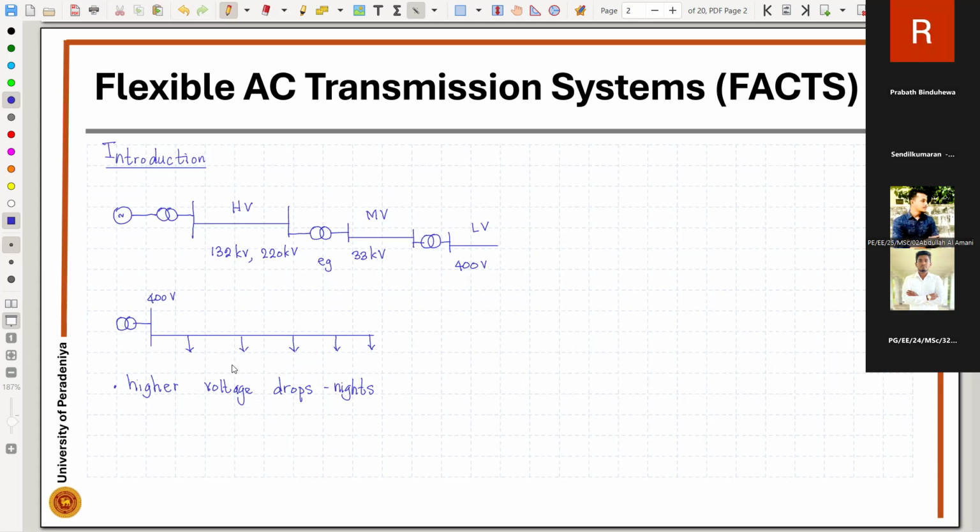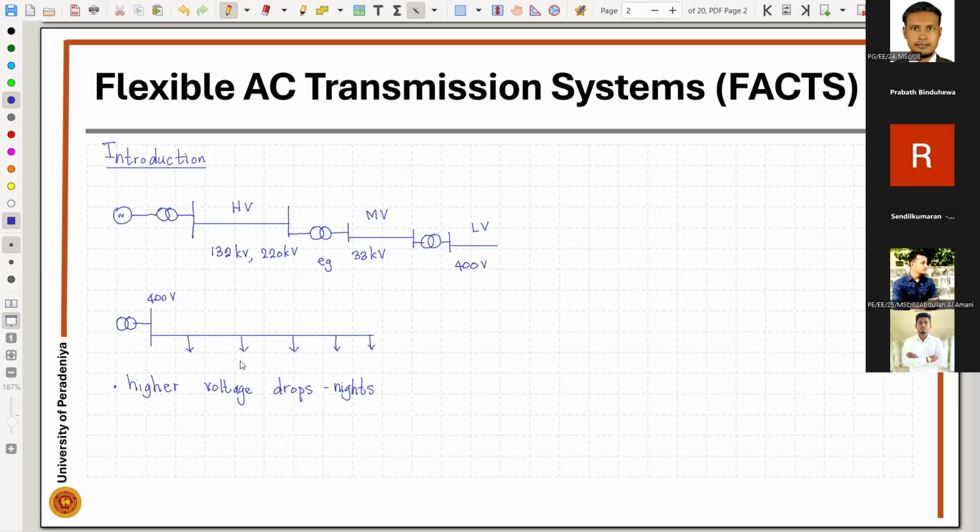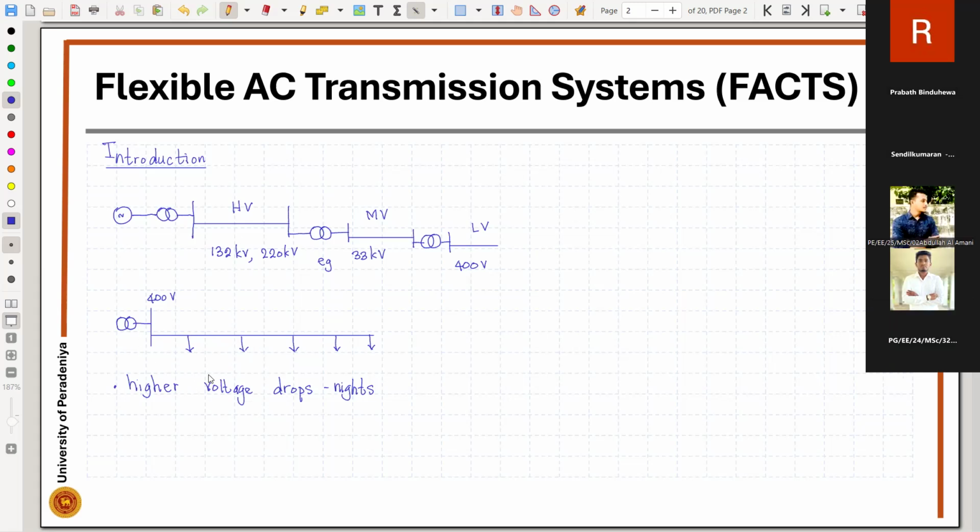How about the people who are residing near the transformer? Have you experienced any issue? Can you raise your hand if your home is located near the transformer?